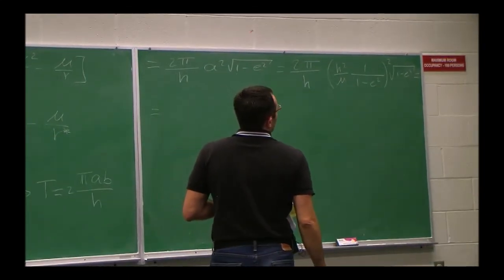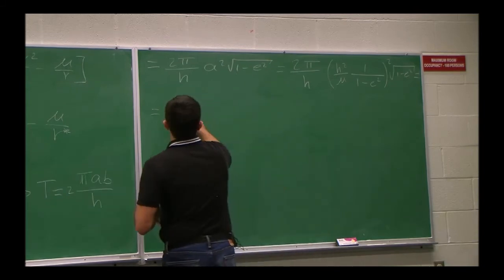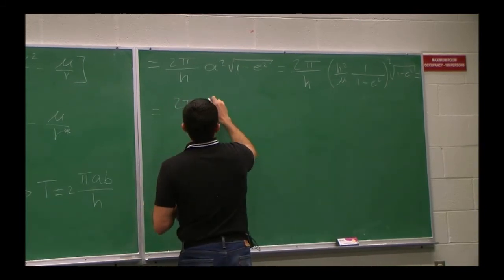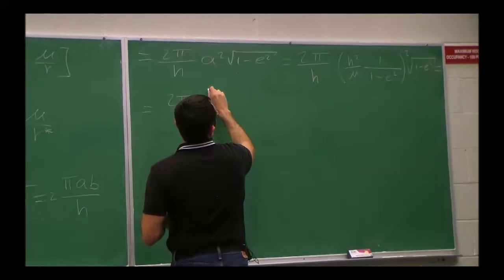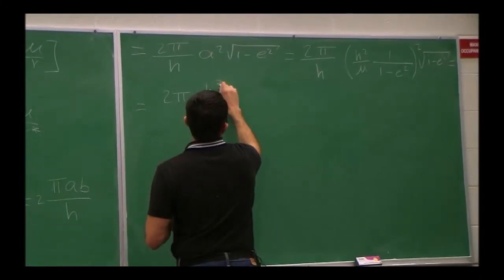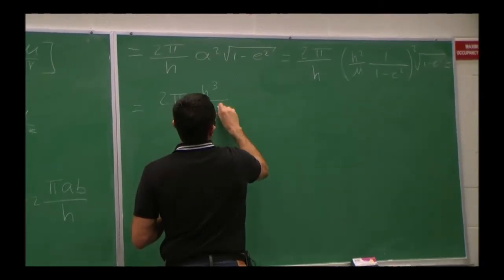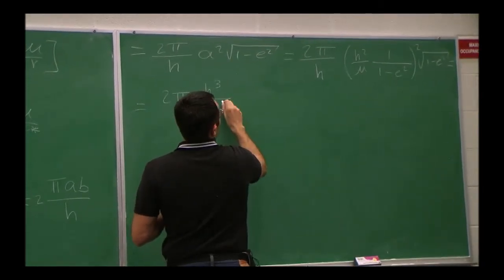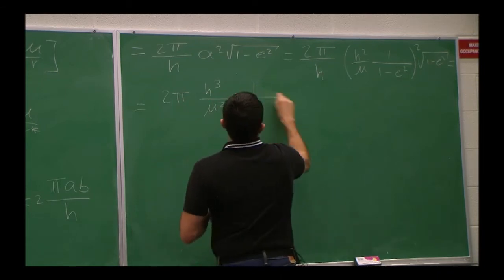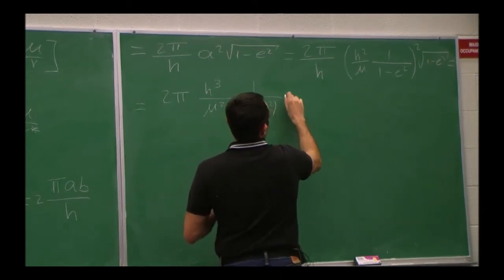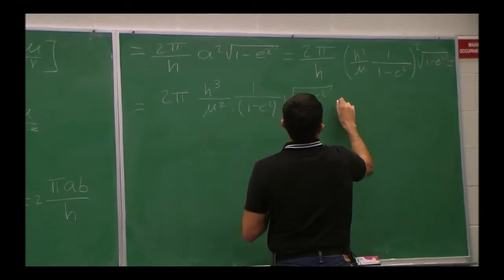Let's see what we get here. We get 2 pi, h cubed. There is an h to the 4th with an h here, over mu to the 4th, second, 1 minus e squared, and here I have a square root 1 minus e squared.